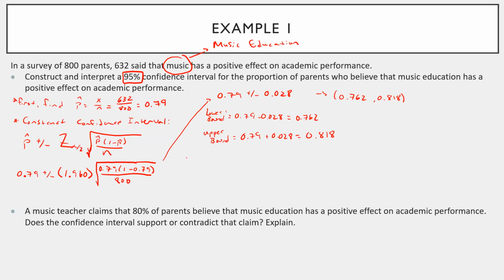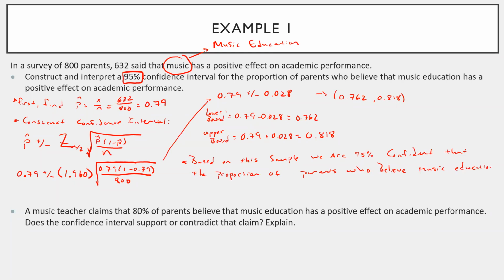All right, so let me interpret this for you, okay? So this is saying, look, based on this sample, we are 95% confident that the proportion of parents who think music education has a positive effect on academic performance is somewhere between, the real value is somewhere between 0.762 and 0.818.